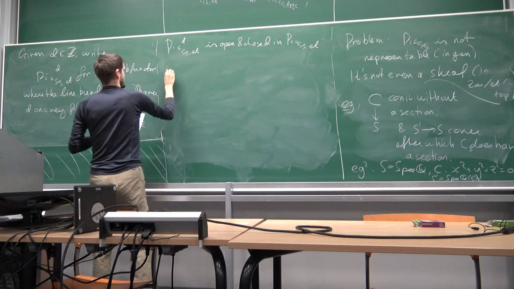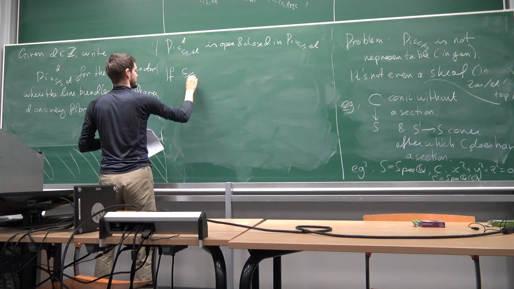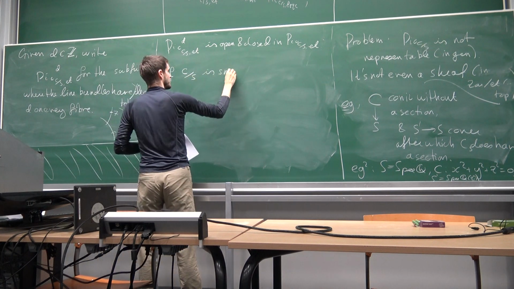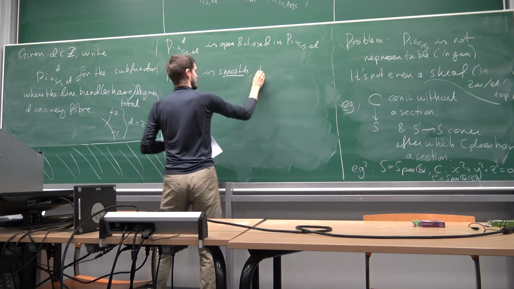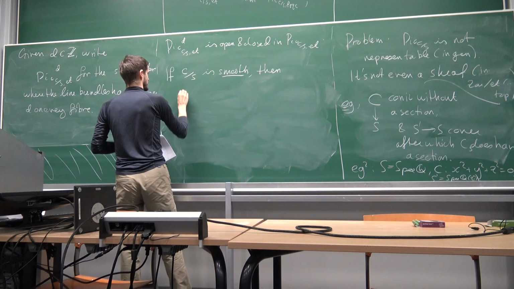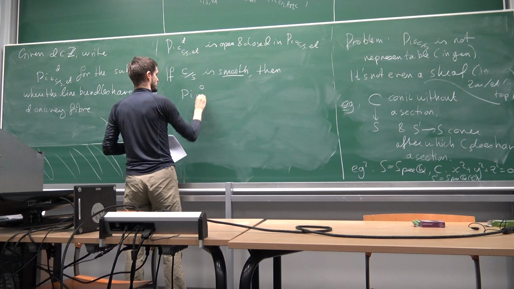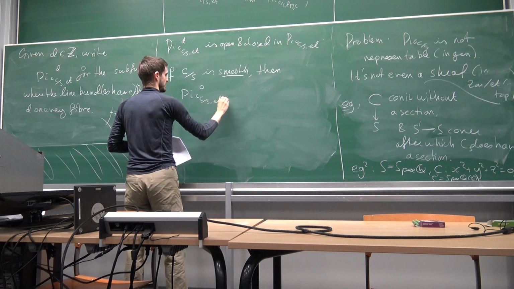And if C over S is smooth, then Pic^0 of C over S is an abelian scheme.